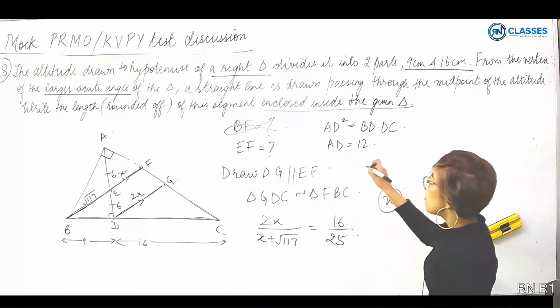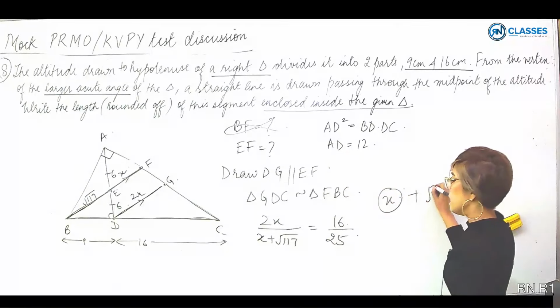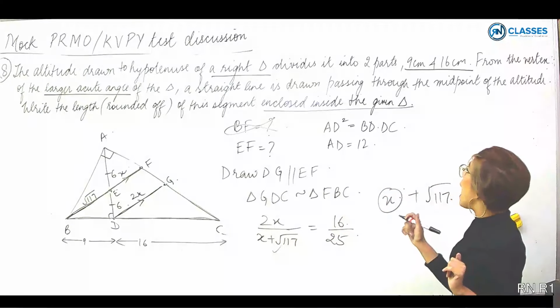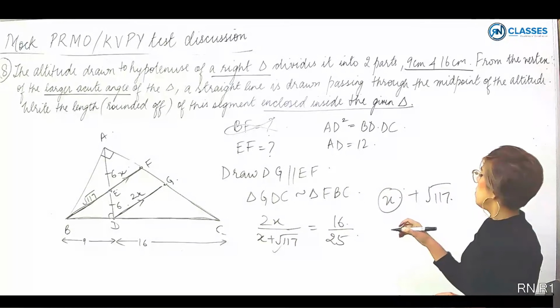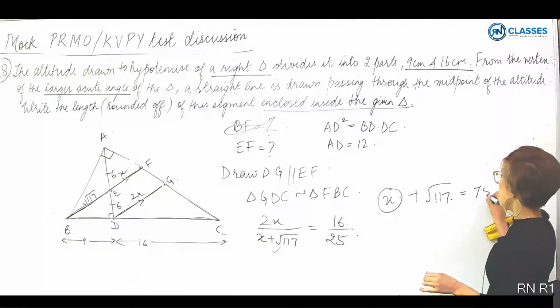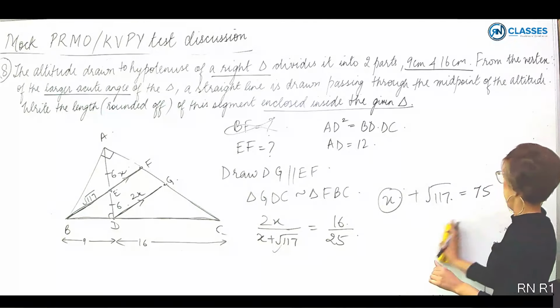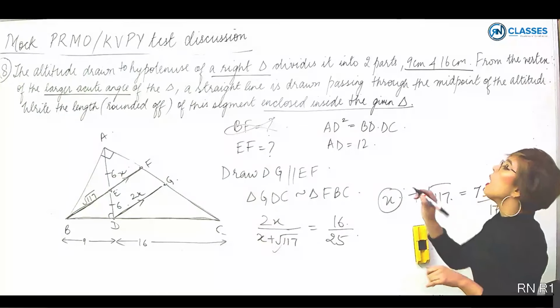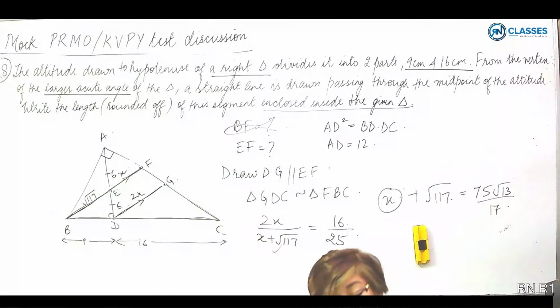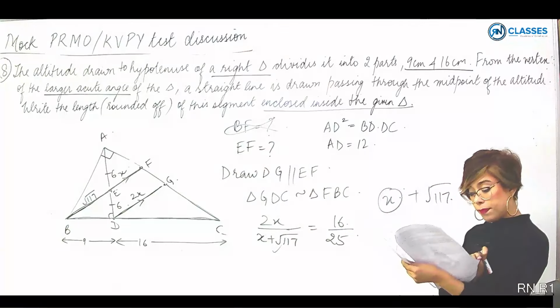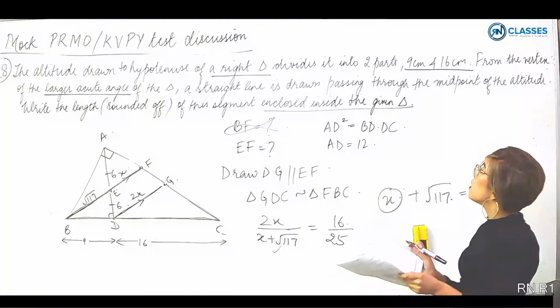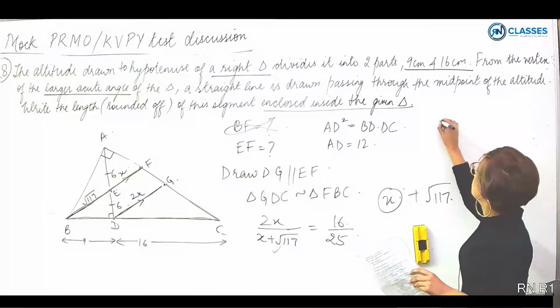You need BF, so you want x plus root 170, or maybe you can directly find the value of this, your wish, and round it off. Basically, this length turns out to be 75 root 13 by 17, I think, approximately. I don't remember it. The answer turns out to be, rounded off, 28. The answer turns out to be 16.